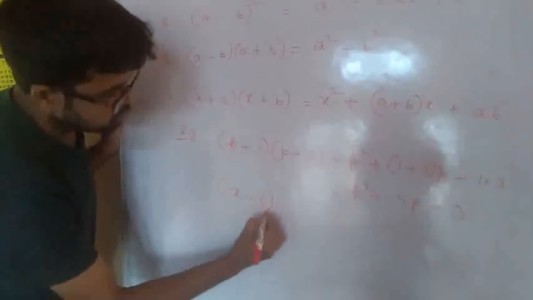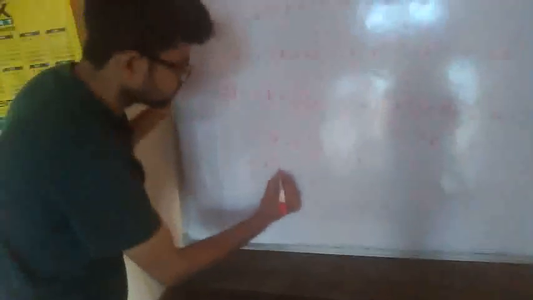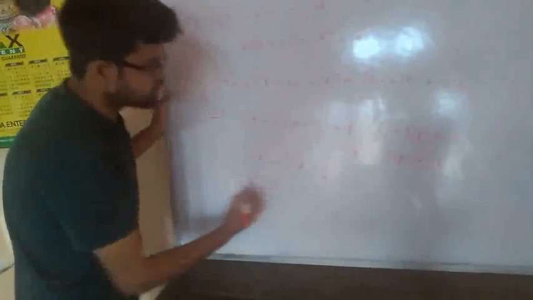Now in case you have problems regarding the sign, let us take one more example. Suppose you have x minus 4 into x plus 1. See here, the first term is the same, that is x. So as per the rule, you have to square the first term, so you get x squared. Then plus the sum of the second terms, but here you have to concentrate on the sign.